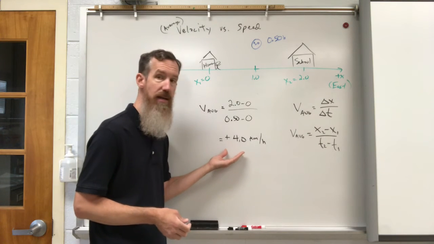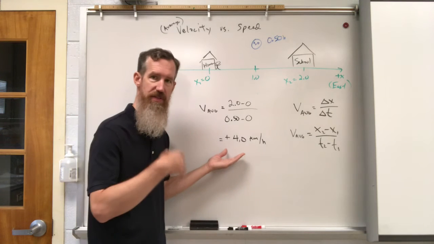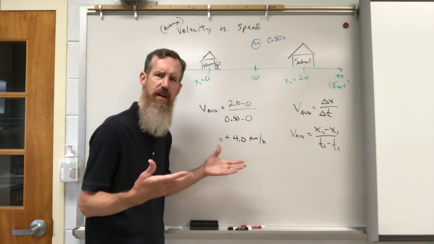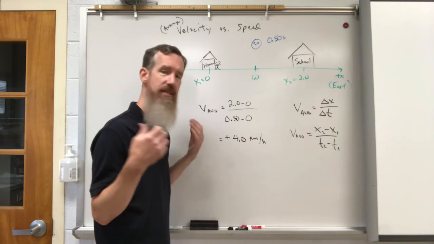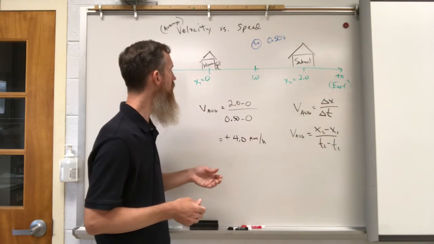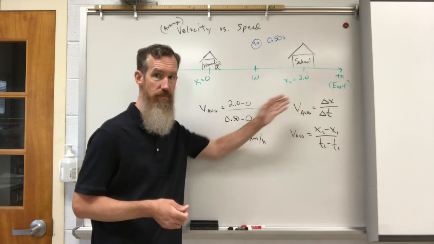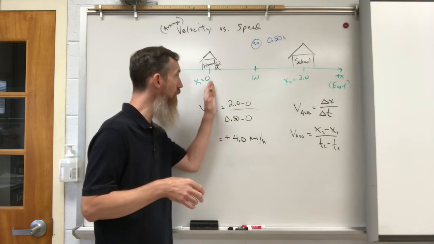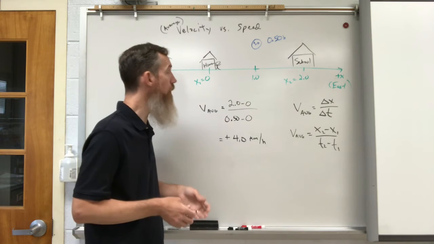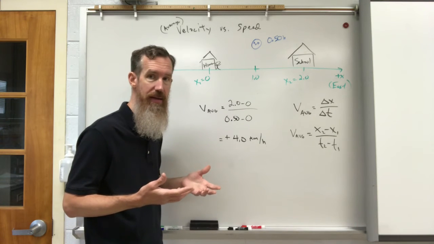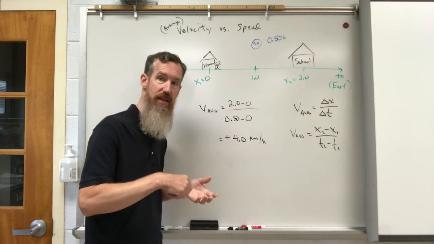Now remember, speed, just like distance in the previous examples, doesn't care about direction. But if there was a second example where you went from home to your friend's house and then to school, and again, we're defining the trip as going from home to school, then things get a little wacky because your average speed is going to be different than your average velocity.